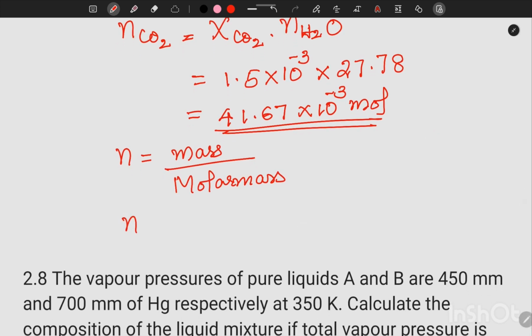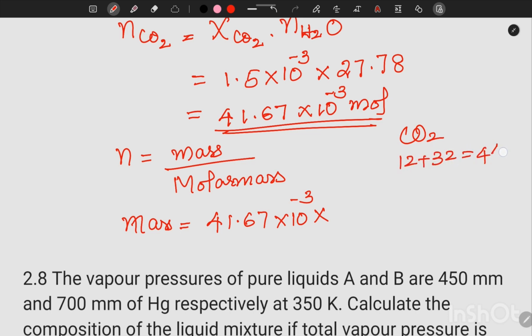So mass is equal to 41.67 into 10 raised to minus 3 into molar mass of carbon dioxide. It is 12 plus 32, which is equal to 44. 2 oxygen, 2 into 16, 32. So 44. Then when we multiply, we will get 1.834 gram.